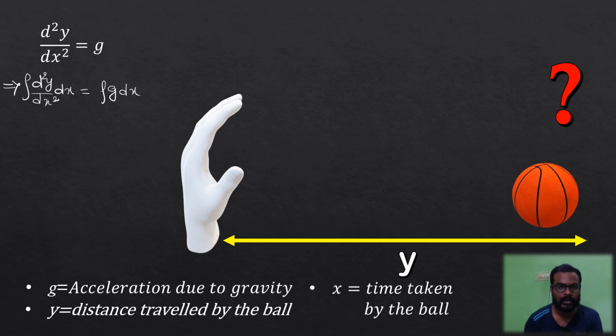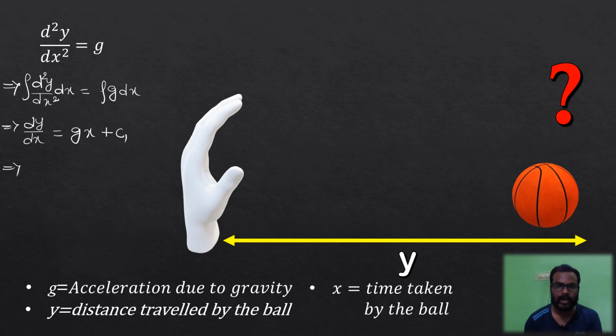If you integrate the second derivative, it converts into the first derivative, dy by dx, equal to g times x plus some integral constant, c1.